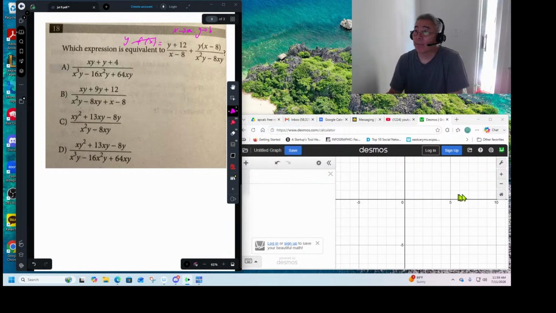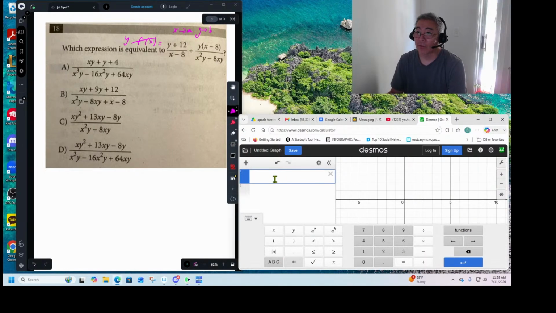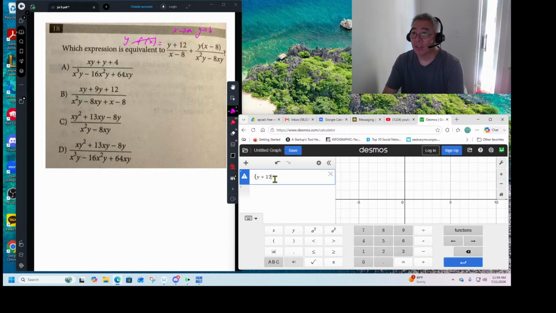So let's type these into Desmos. I'm going to type them replacing all the x's with a and all the y's with b. So the first one, to type y plus 12 divided by something, you have to do parentheses just to fake it out. And x squared you can do with the caret.